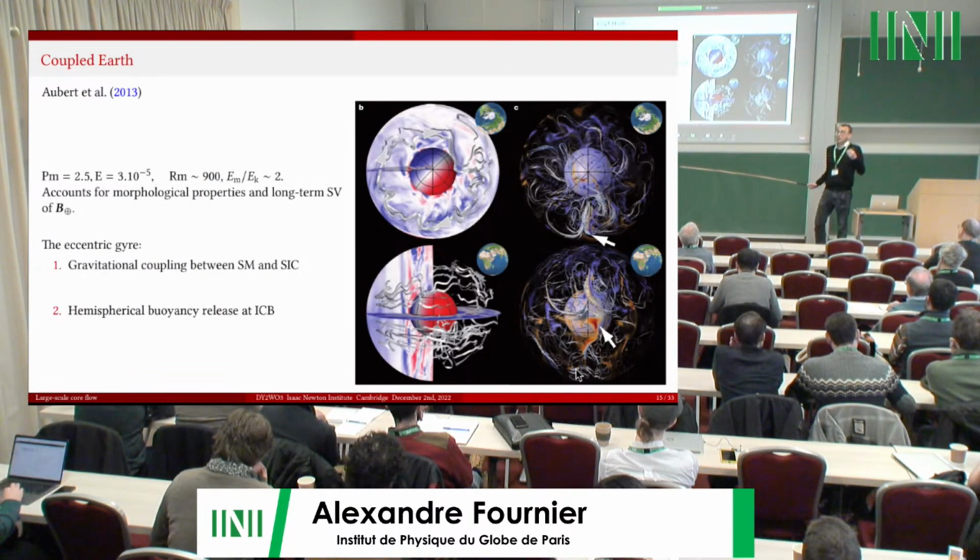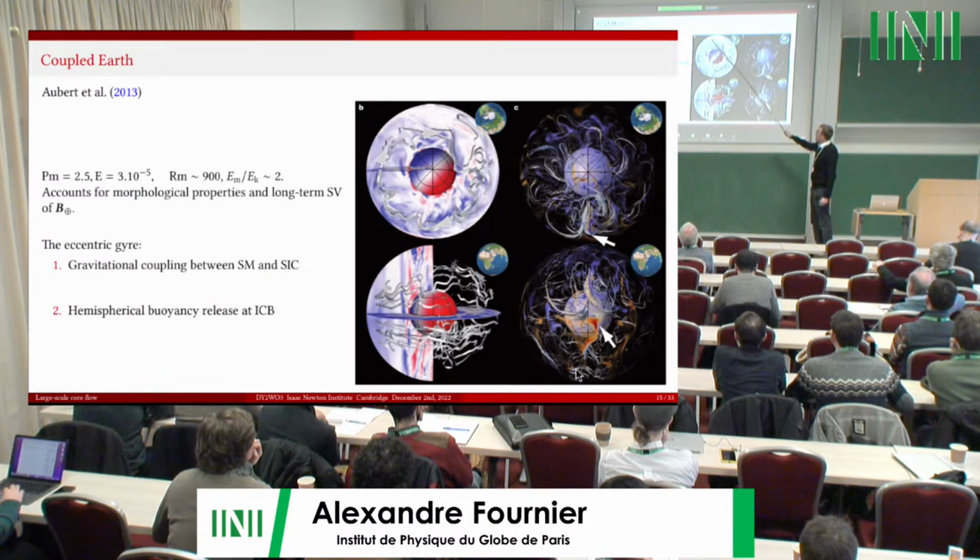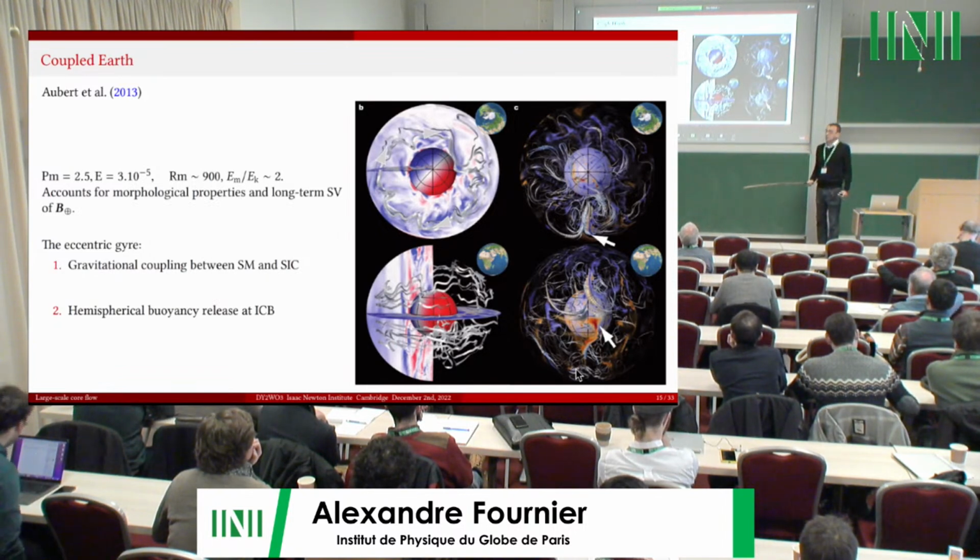So they tend to entrain the inner core in the eastward direction. If there is coupling between the inner core and the mantle, then the mantle is also entrained in the eastward direction. So then what happens is that conservation of angular momentum demands that the outermost part of the core flow westward. So that would give you an m equals 0 gyre flowing westward at the top of the core.